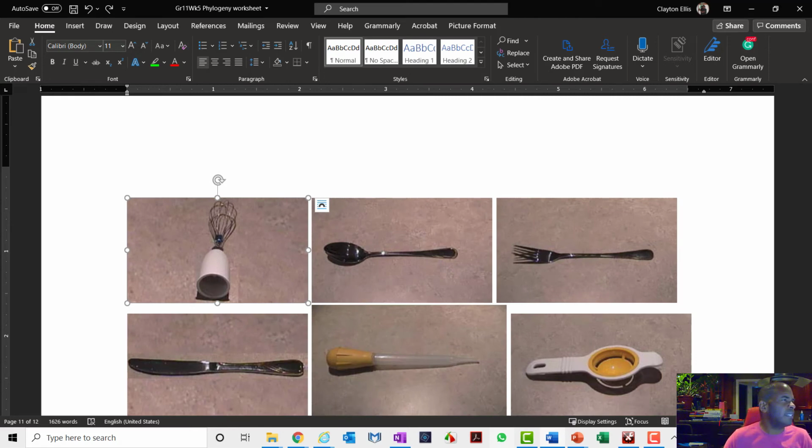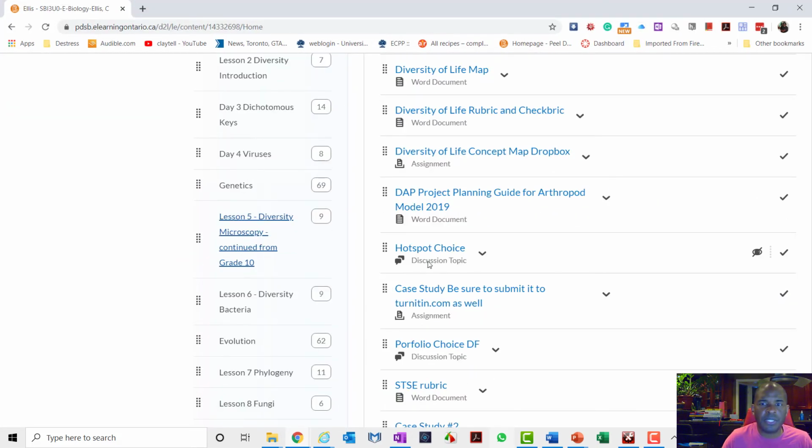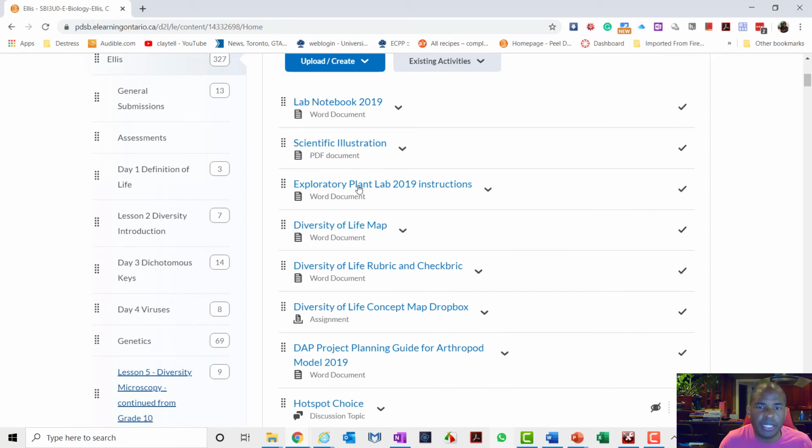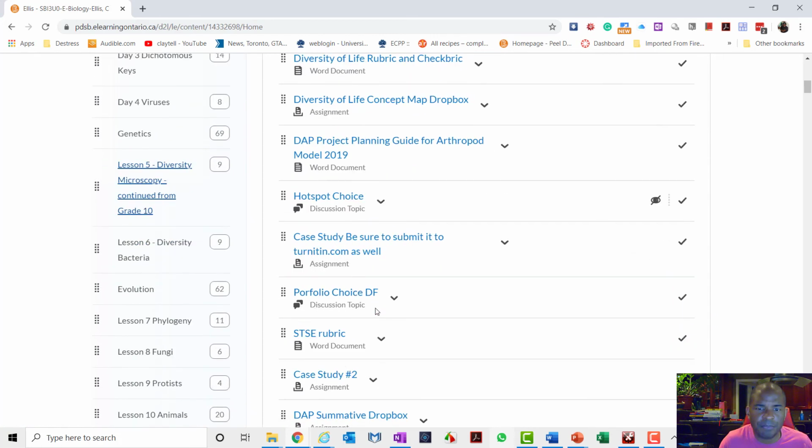And under evolution, this phylogeny. So you want to see a better view of these. Under today's date and for the rest of the week, there'll be a thing on here. It's called, where is it?